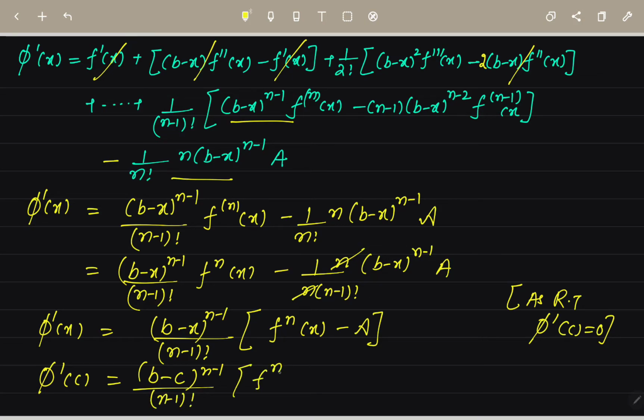Similarly, the nth derivative at c minus a, and this whole is equal to 0. So from here I will find the value of this constant a, and note that this whole term is not equal to 0, only this term is equal to 0.